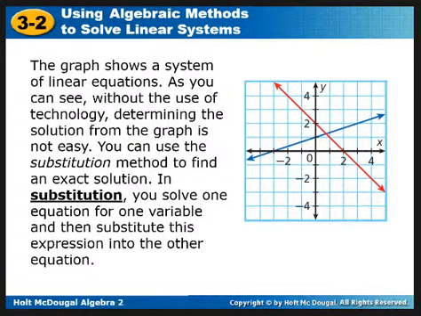Now, if you think about having two linear functions or two linear equations that make up what we're going to call a linear system, if you were to graph those two linear equations, you would get two lines similar to what you see on the right side of this slide. The thing you will notice here is that these lines intersect.